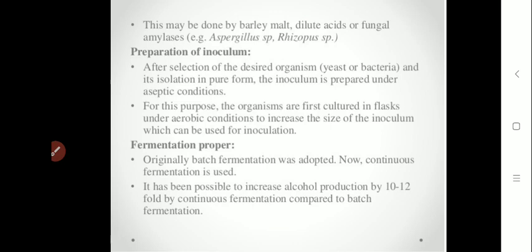It has been possible to increase the alcohol production by 10 to 12 folds by continuous fermentation as compared to the batch fermentation process. So 10 to 12 times larger yield can be obtained in the continuous fermentation process. So nowadays the continuous fermentation process is used on a large scale for alcohol fermentation.